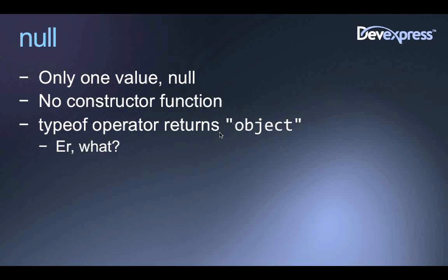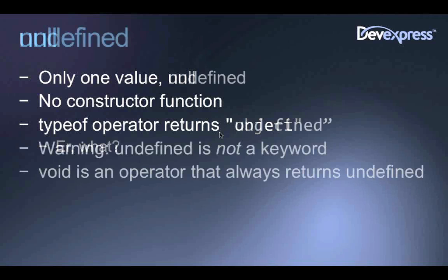And similarly, undefined is yet another type which only has one value, which is the value undefined. In JavaScript, you can have variables which are undeclared, in which case when you evaluate them, they are undefined.